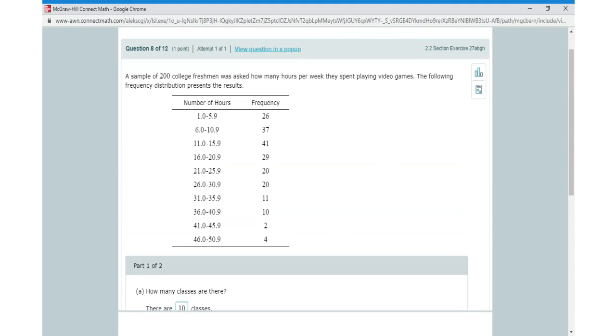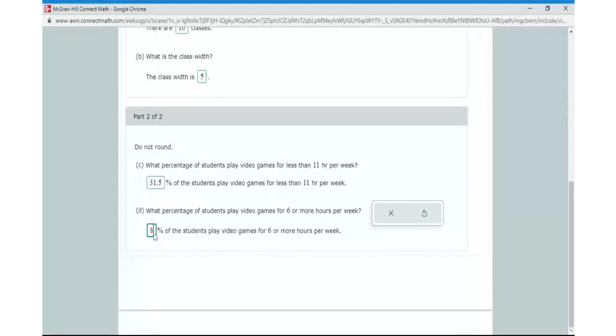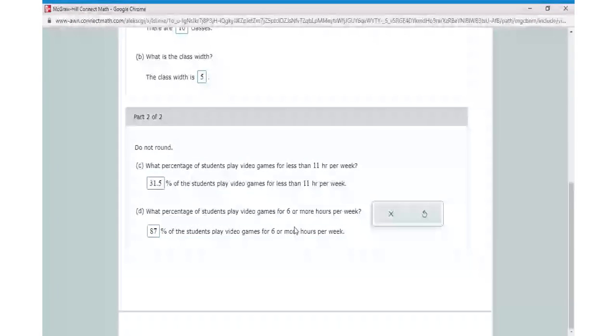So I get 174 if I were to add the 9 frequencies down here below 26. So 174, and if I divide by 200, again the total, that's your M&M thing, then that's 87%, 0.87. All right. This one only had 2, but it had multiple parts.